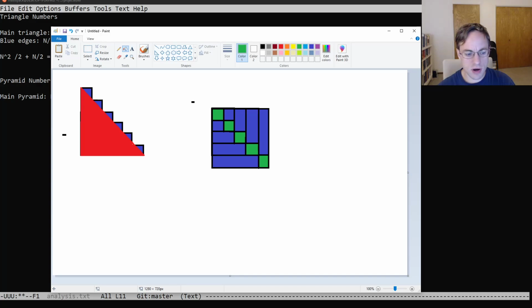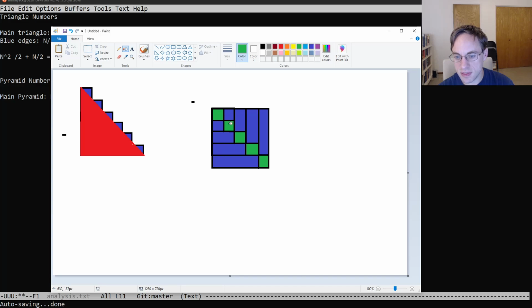So then if we go back to our diagram, you can see these blue sections. In the cross section here, we can see that those all have area 1/2. And so the total volume of those pieces is going to be the area in this diagram times 1/2.